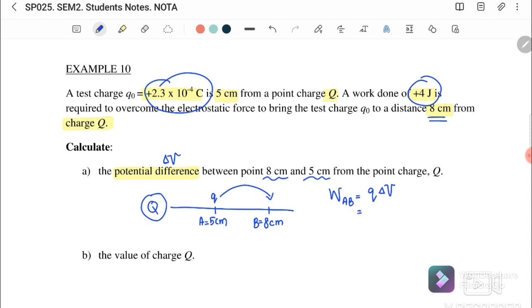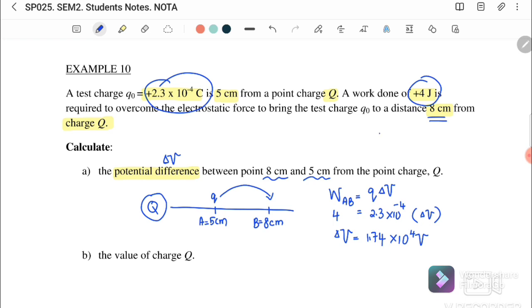Our work done is positive 4, and the test charge is positive 2.3 exponent negative 4, times delta V. And delta V is the potential difference that we want to find. Therefore our delta V is equal to 1.74 exponent positive 4 volt.